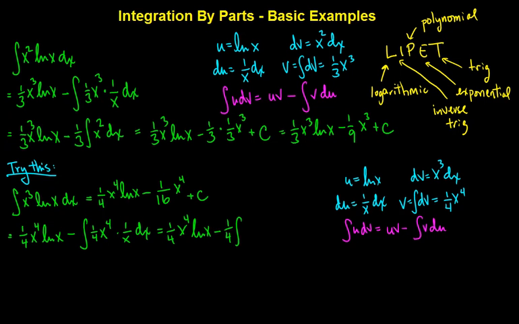And finally, 1/4 x to the fourth ln of x minus 1/4, and the integral of x to the third dx is x to the fourth over 4, or 1/4 x to the fourth, plus c. And in the final simplification, we get 1/4 x to the fourth ln of x minus 1/16 x to the fourth plus c. And that does it for this example.